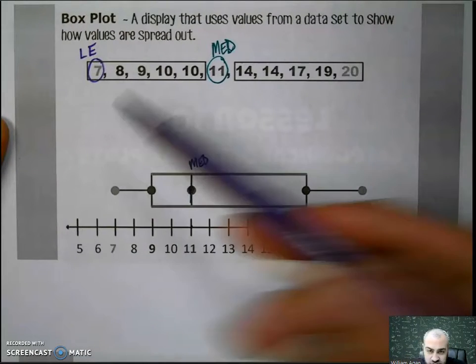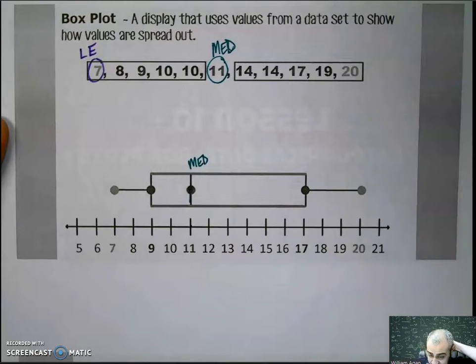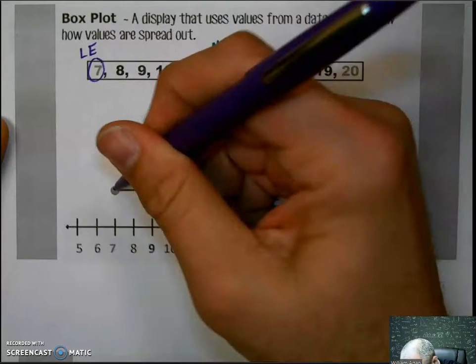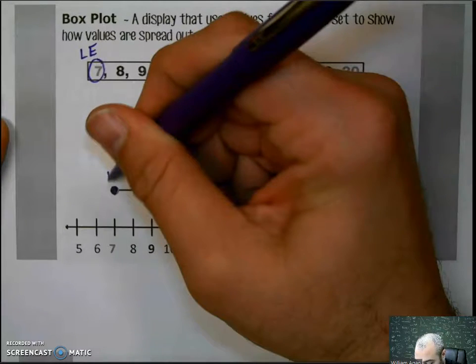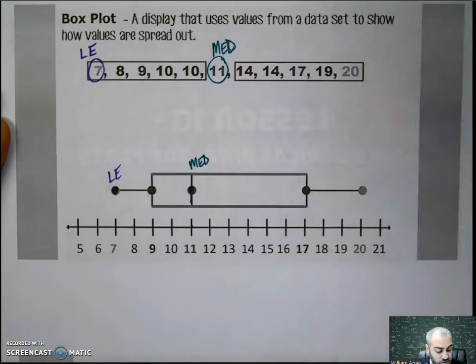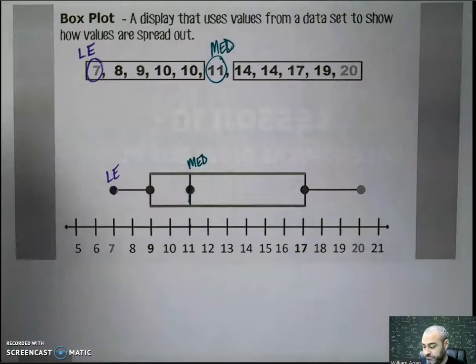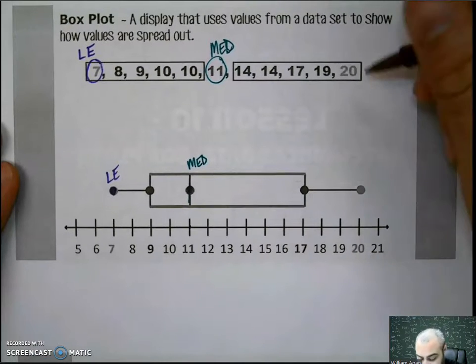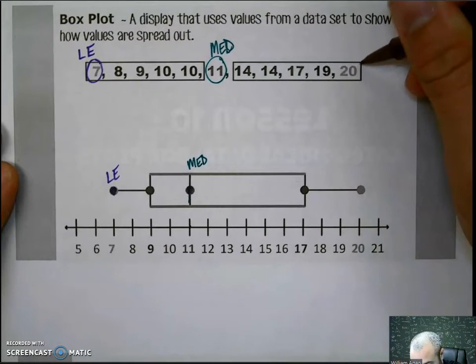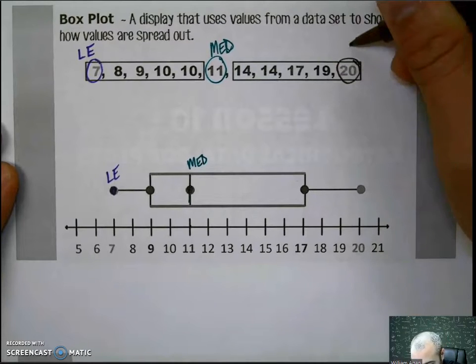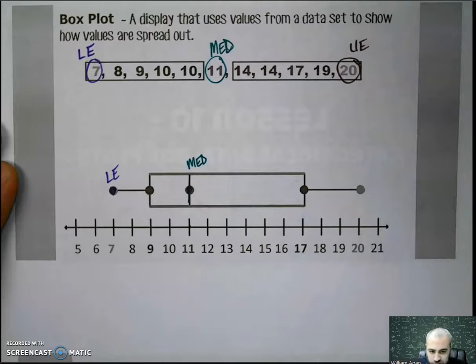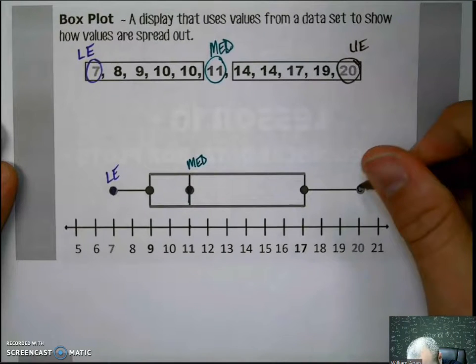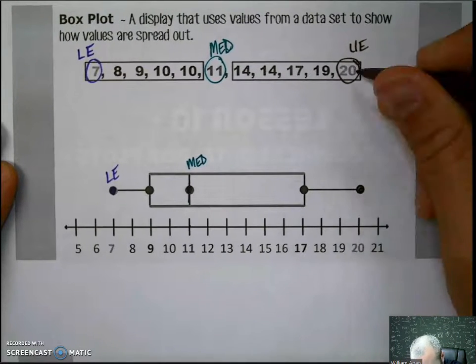It's just the starting number whenever they're in order from least to greatest. And it gets a dot. That is your lower extreme. The upper extreme is the opposite end. It's right over here. That is the upper extreme, UE, because I don't want to write upper extreme every time. And it gets a dot right there at 20.